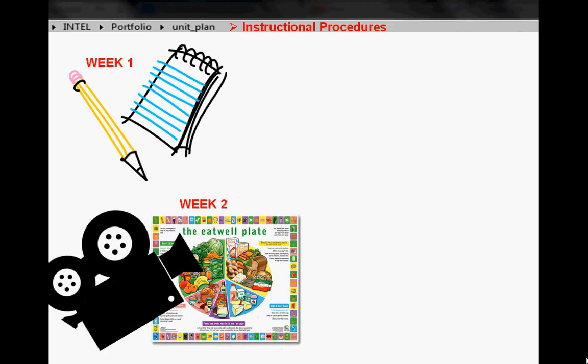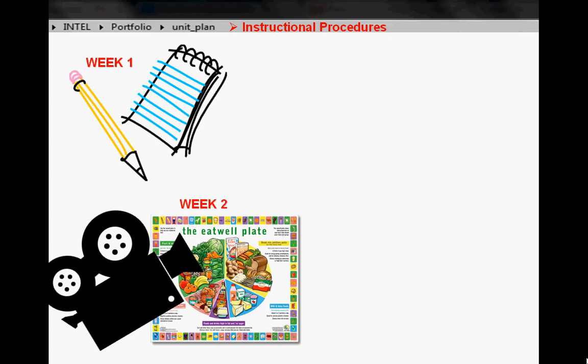Week 2 is called the Interview and Poster Week. Just as the name suggests, in this week, the teacher will set out 2 projects, conducting interviews and designing posters. For the interview, the students will work in pairs and each pair has to interview 3 classmates about their eating patterns, and the interviews will have to be videotaped.